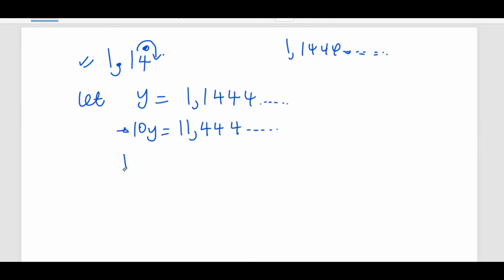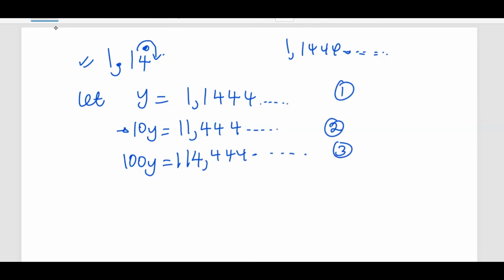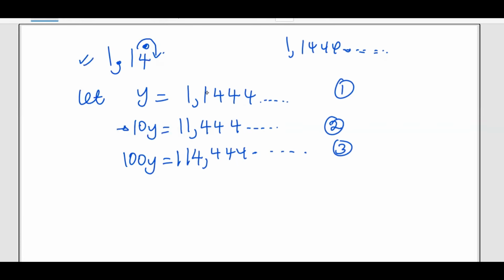So this one multiplied by 10, which makes it 100y, is equivalent to, what is this one going to become? 114, comma, the 4, 4 recurring. Okay, so this was equation 1, this was equation number 2, this is equation number 3. So all I have to do is get equation number 3.